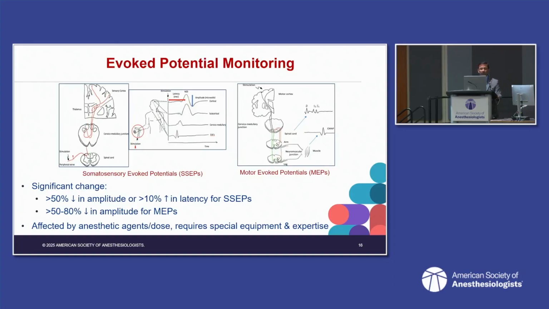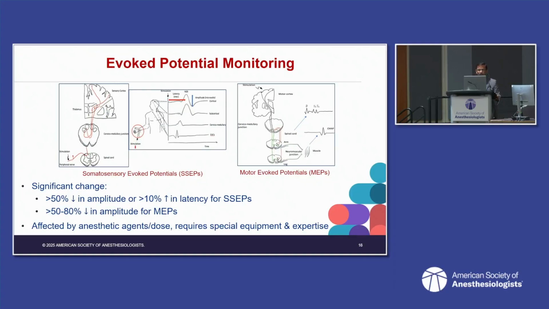The rule of thumb is that if there's a 50% decrease in the amplitude or 10% increase in the latency of somatosensory evoked potentials, it's considered a significant change, and cerebral ischemia can be an important contributing factor. For motor evoked potentials, a 50 to 80% reduction in amplitude is considered significant and should alert clinicians of ongoing cerebral ischemia and need for intervention.